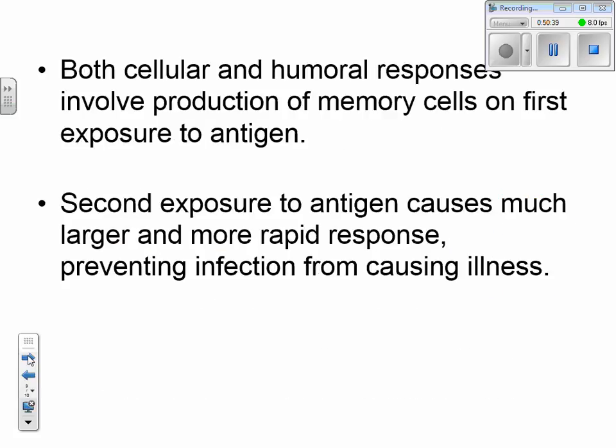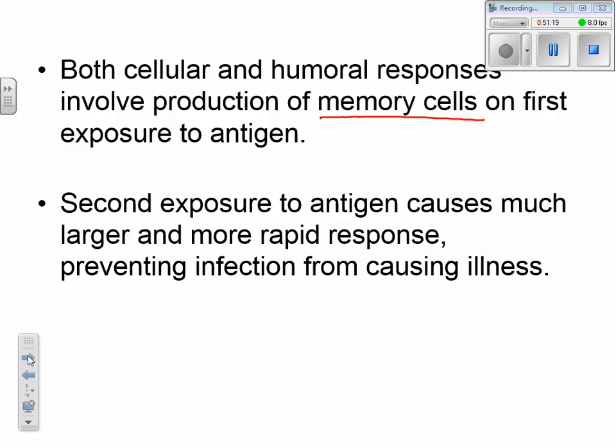Now, the important bit as far as retaining immunity is concerned is the production of memory cells. You get T cells and B cells produced as memory cells, and they retain a memory of, not a mental nervous system type memory, but they are called memory cells, and they retain recognition, if you like, of the antigens that you were first exposed to.